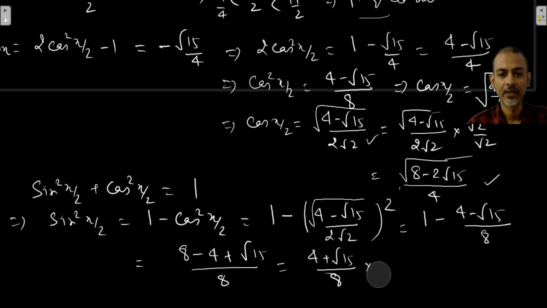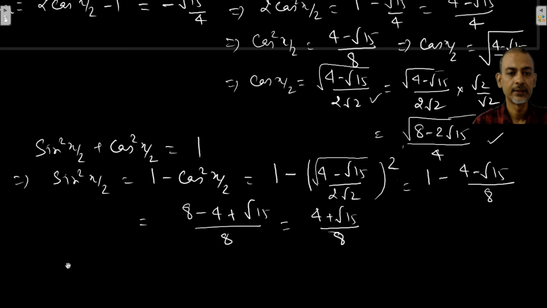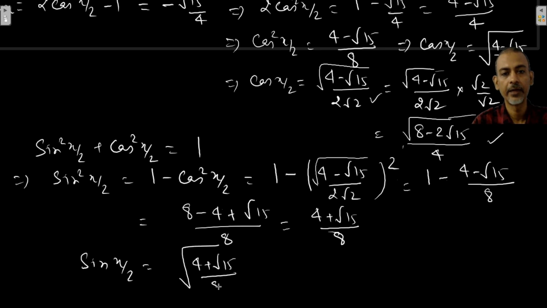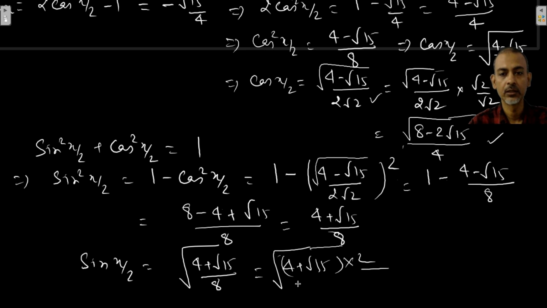Just keep it like this, and then either you can write like this, that sin x by 2 is going to be square root of 4 plus square root of 15 divided by 8, or you can simplify and write it like 4 plus root 15 into, multiply by 2 up and down, 2 here, 8 here, 2 here, right?